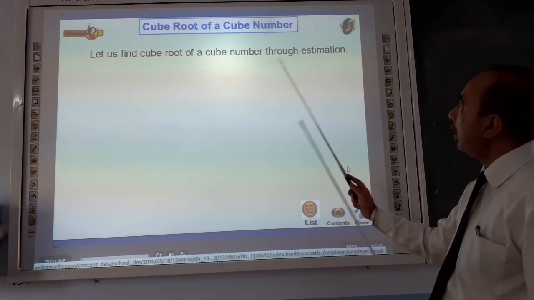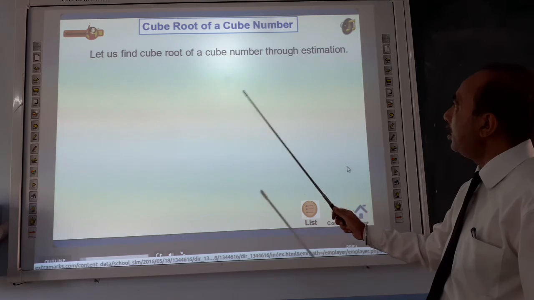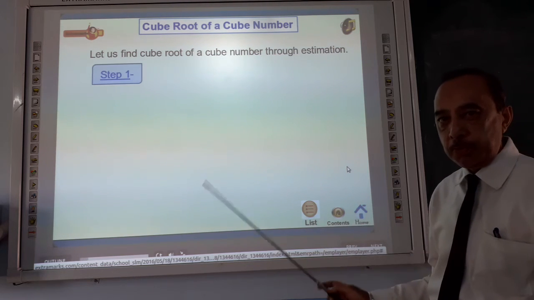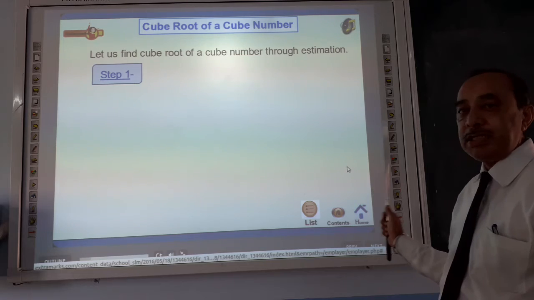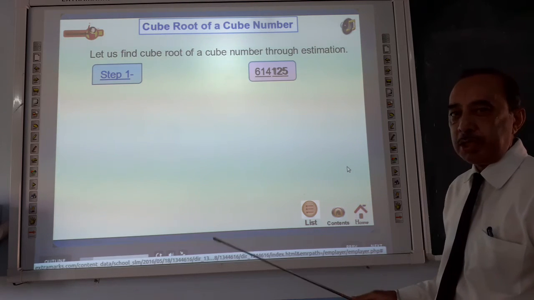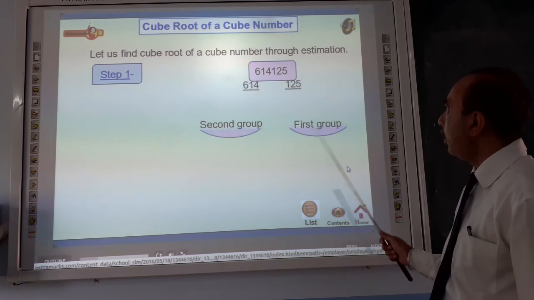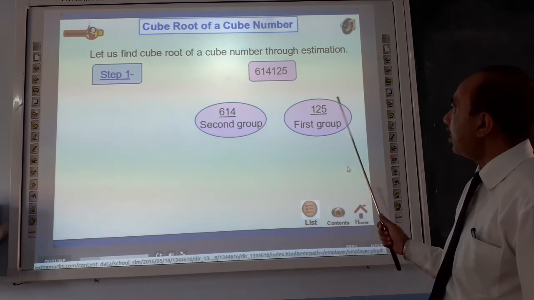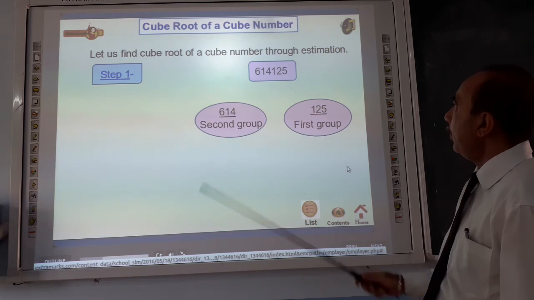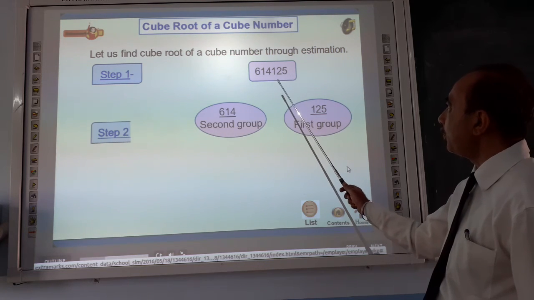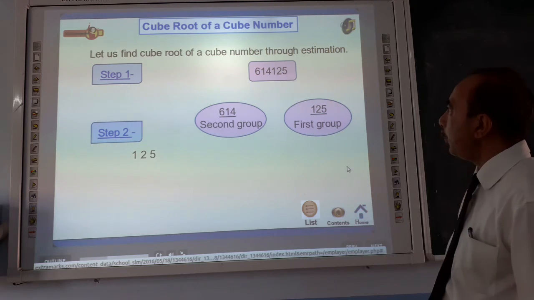Now we come to the next topic, and that is calculating the cube root by estimation. Earlier we have studied prime factorization, and now we are going through the next method, which is the estimation method. We are going to find out the cube root of 614,125.